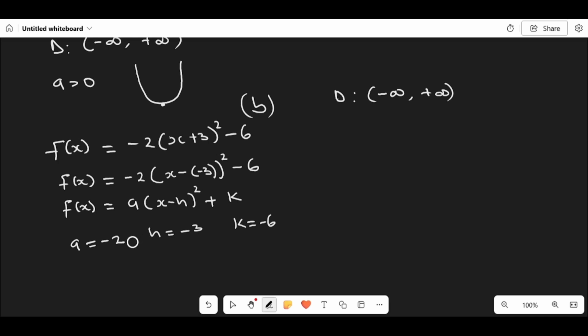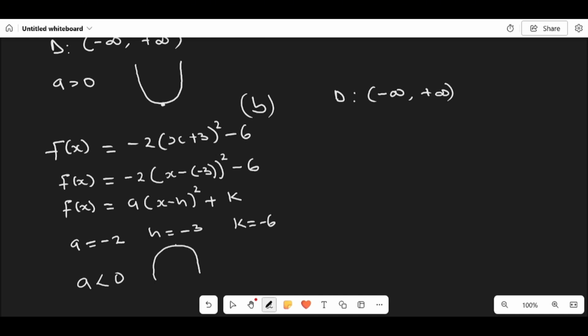But I want you to notice that the value of a is -2. It means that a is less than 0. And whenever a is less than 0, it means that the graph of the quadratic function opens downward like this.